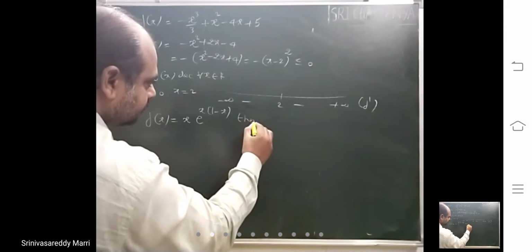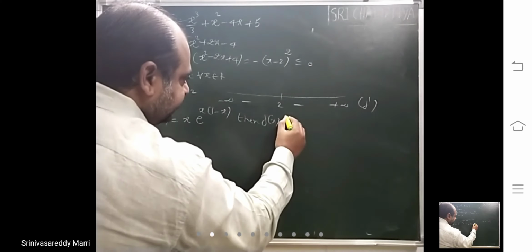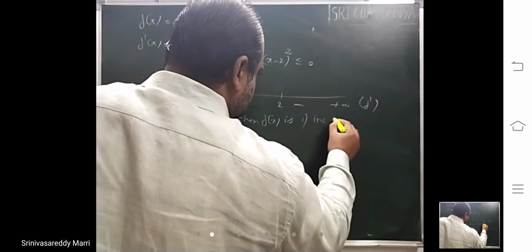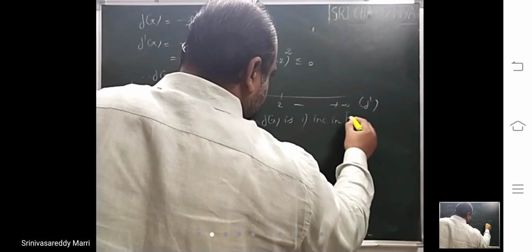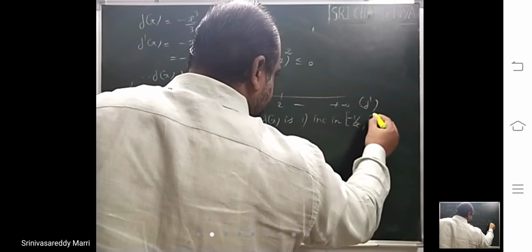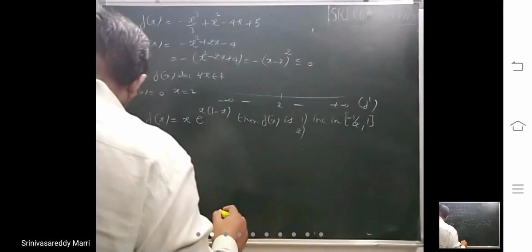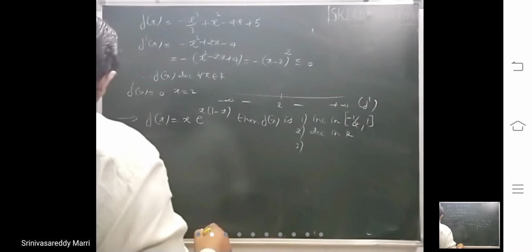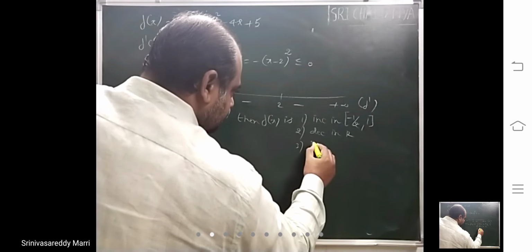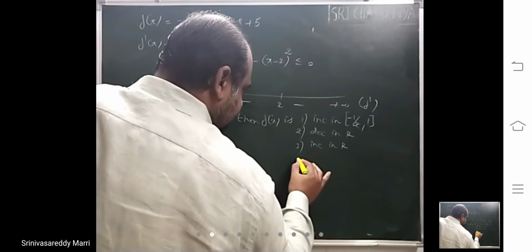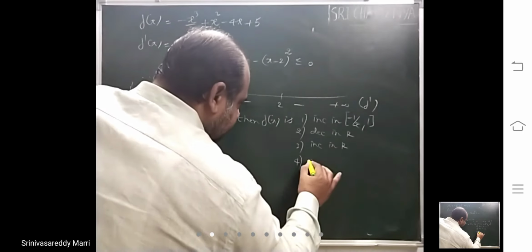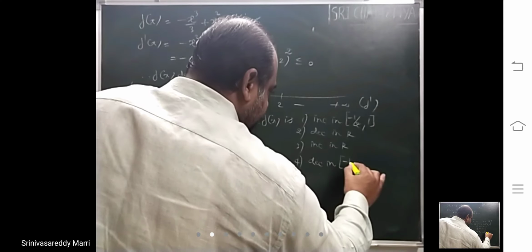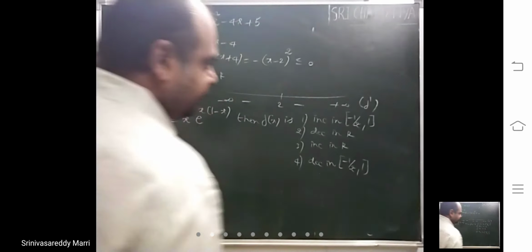Then f of x is increasing in minus 1 by 2 comma 1, decreasing in R. Suppose the problem is asked like this: increasing in R, decreasing in minus 1 by 2 comma 1. Take this example.